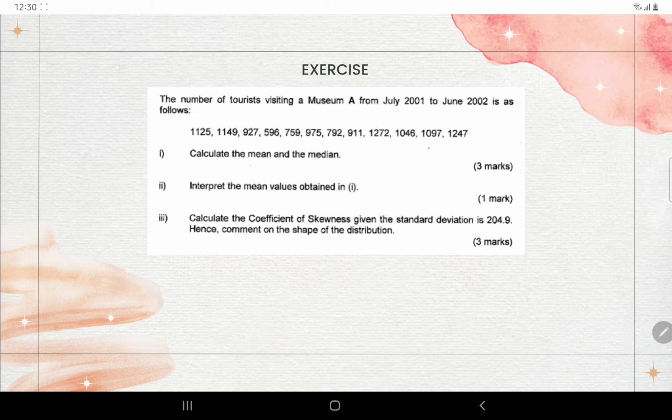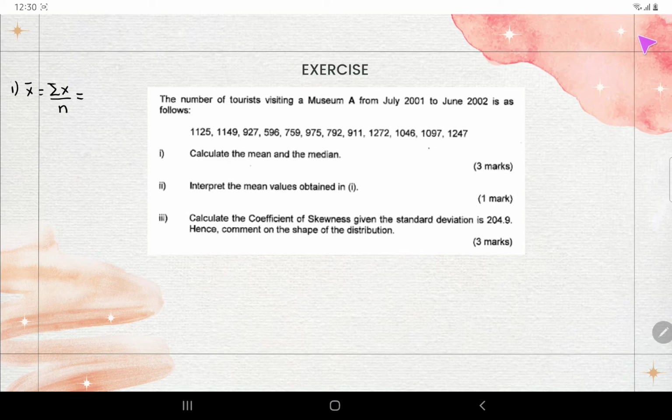So we need to calculate the mean first. This time we need to use the formula for finding the mean of ungrouped data, which is mean equals total of x divided by n.